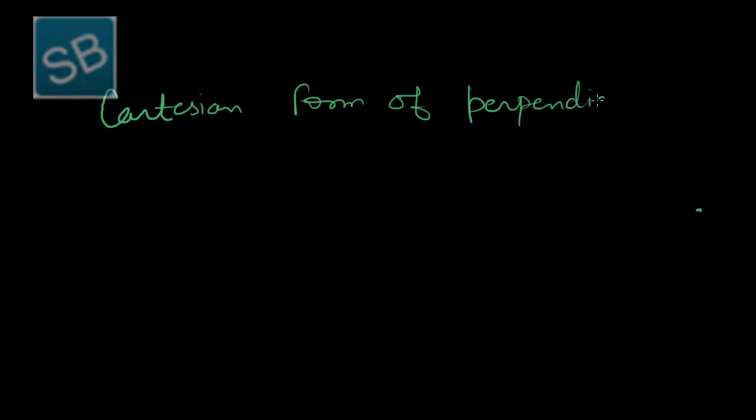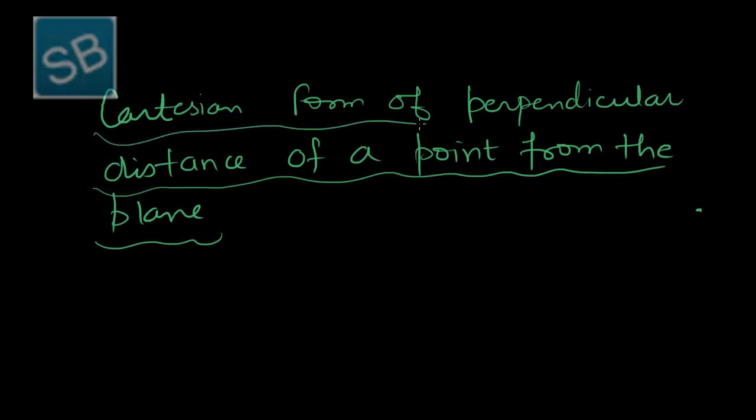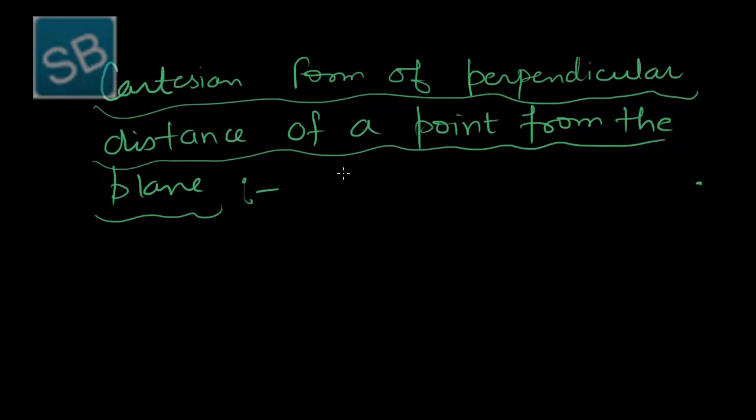Now we will find the Cartesian form of the perpendicular distance of a point from the plane. For this we will take the Cartesian components of the different quantities that are used to find the perpendicular distance of a point from the plane in vector form.